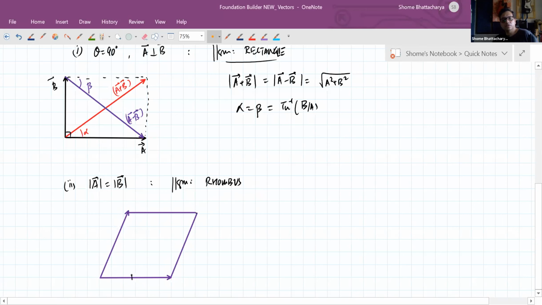So magnitude of A is equal to magnitude of B. So that is equal to A, let's say.